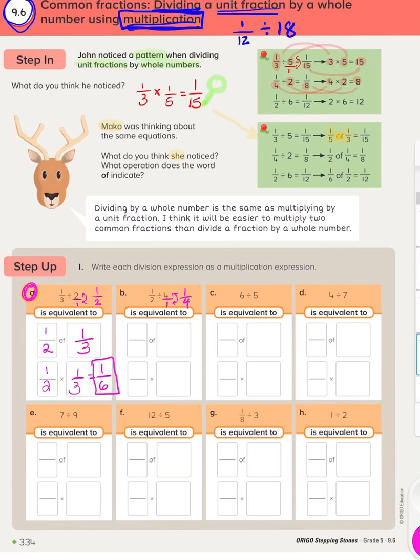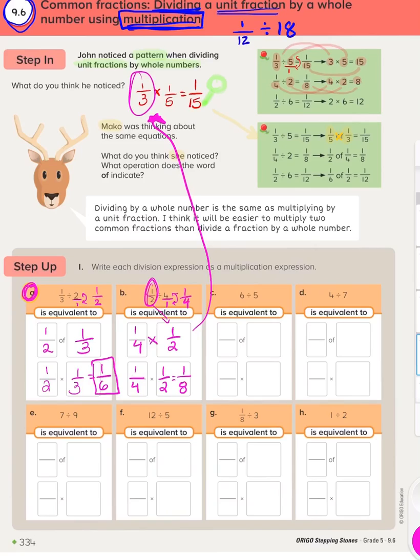So I know 1/4 of 1/2 is the same thing as saying 1/4 times 1/2, because the word of means times. I would multiply across. 1 times 1 is 1. 4 times 2 is 8. They're doing the same thing we did up here, where the first number stays the same. Look, the first number stays the same. The second number gets flipped upside down, right?